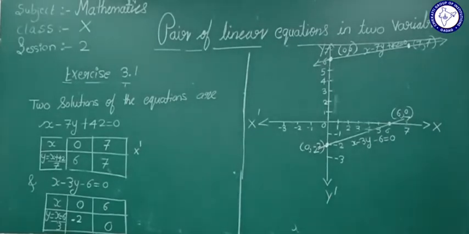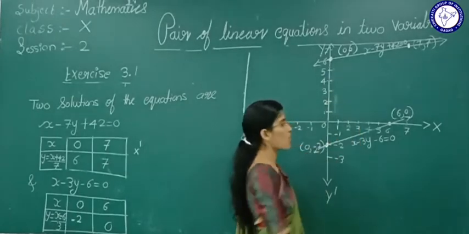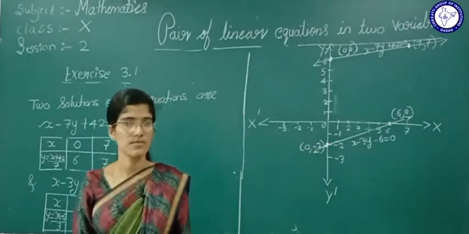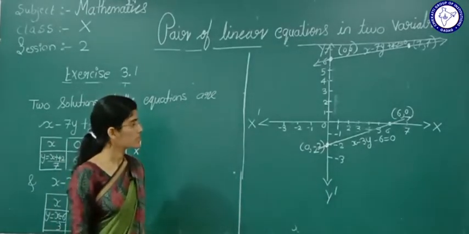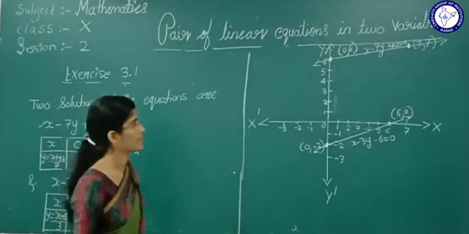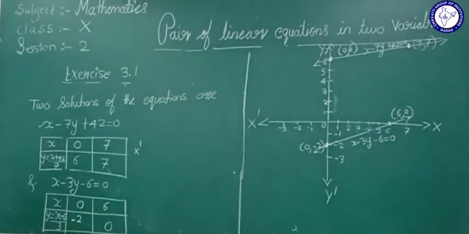Now from this graph, what can we tell? Is it intersecting, parallel or coinciding? It is parallel lines. So this is the way we do it algebraically and graphically. Next we are going to see the next question.